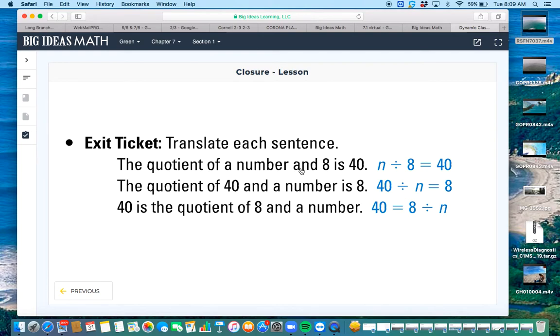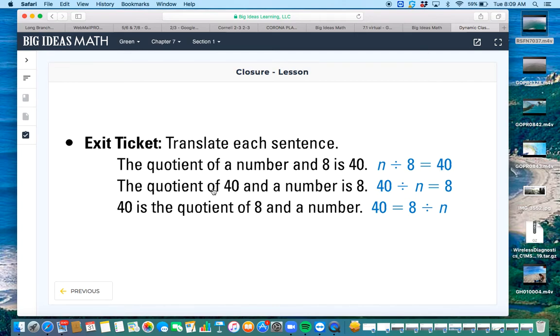The quotient of a number and 8 is 40. Quotient, that weird Q word, is our hardest operation, division. So the quotient of a number and 8 is 40. Okay. Now notice how similar yet different these are.